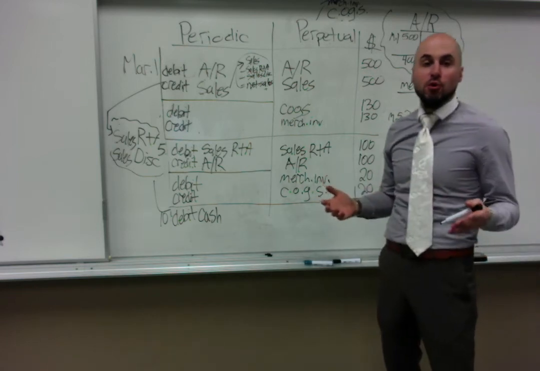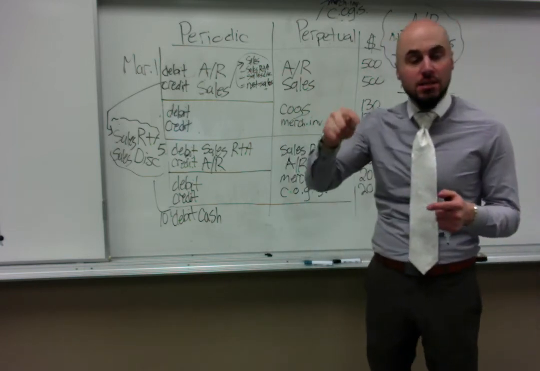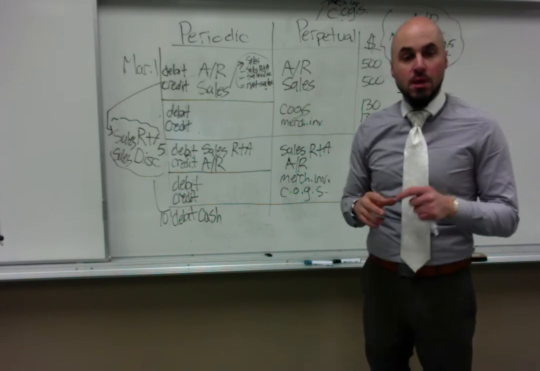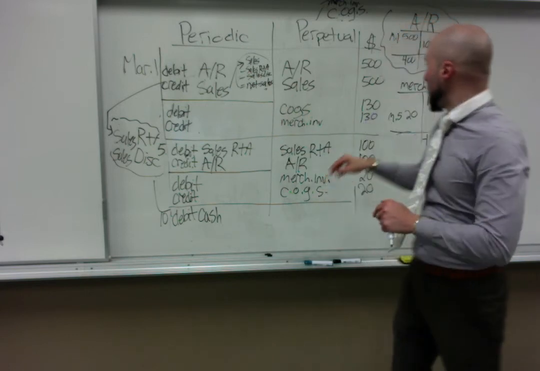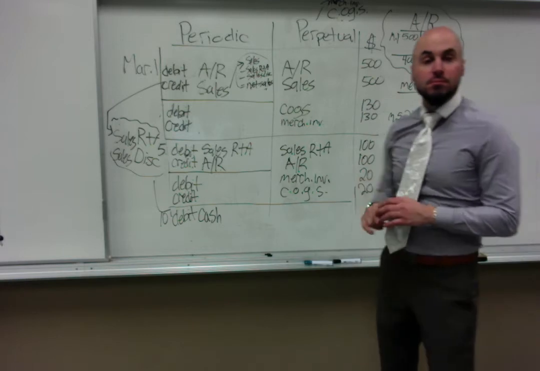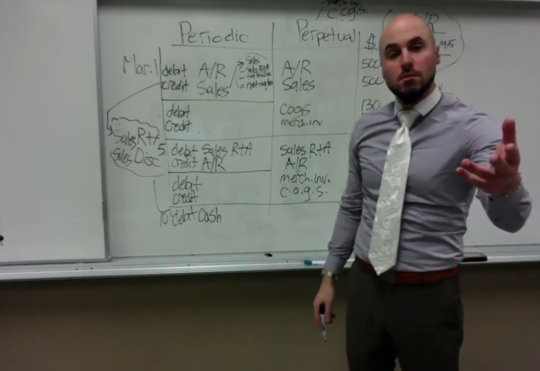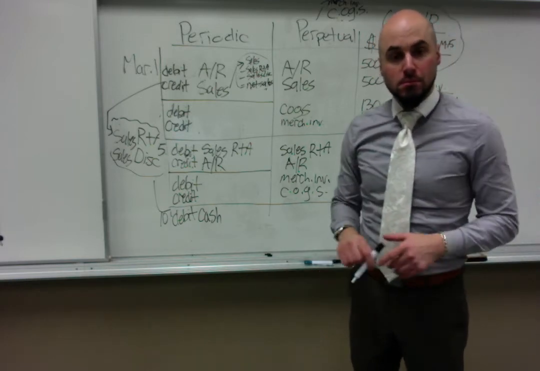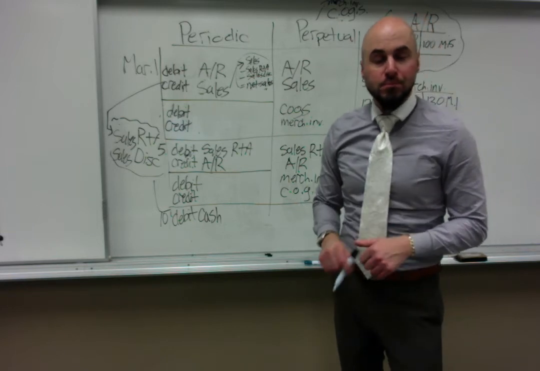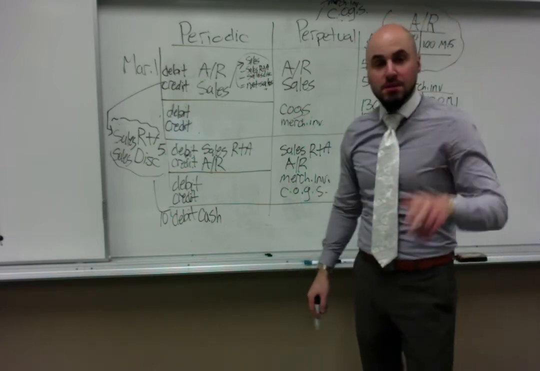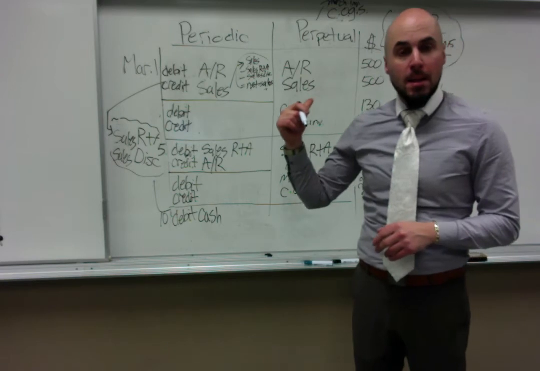We can't get the full 400 because we have to deduct the discount we're giving them. 3% of 400, $12. Right? 3% of 400 is $12.